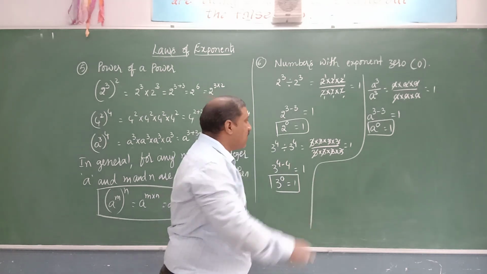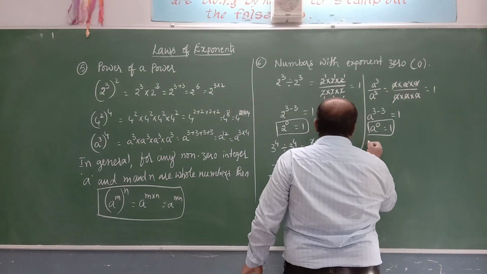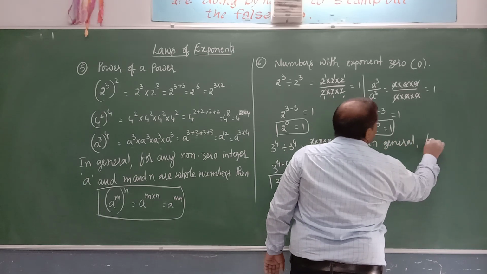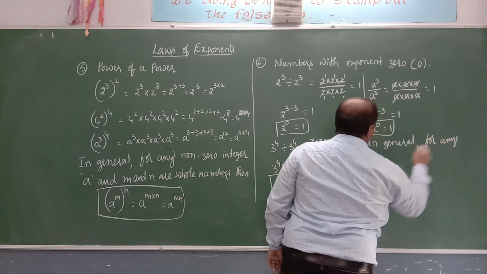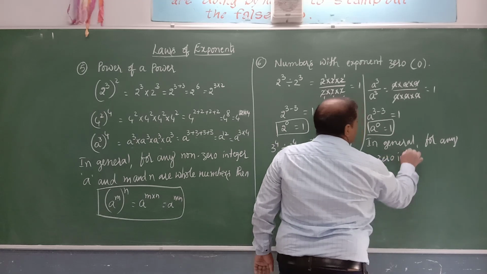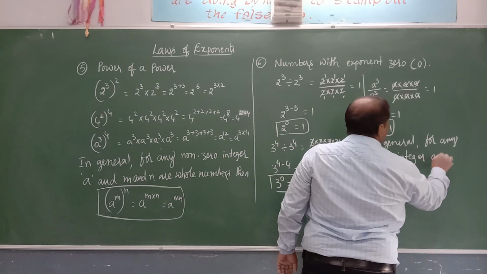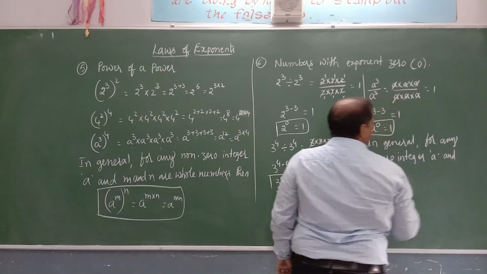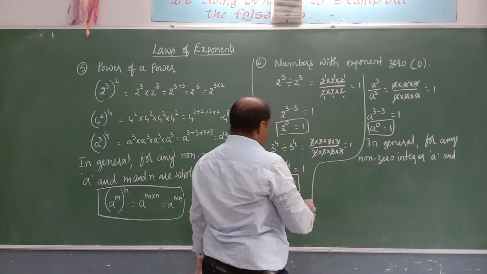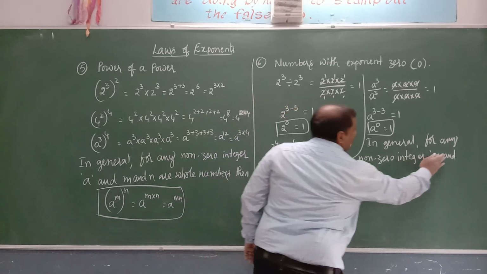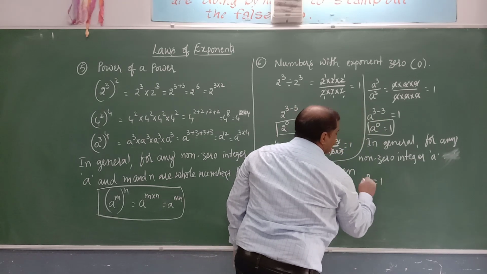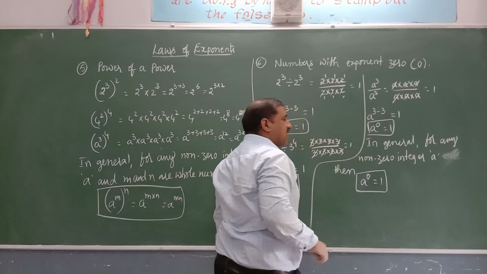So from this, what can we generalize? In general, for any non-zero integer a, a to the power of 0 is equal to 1.